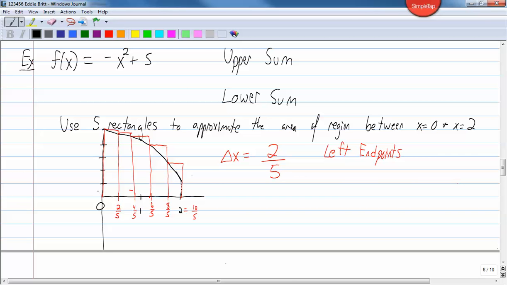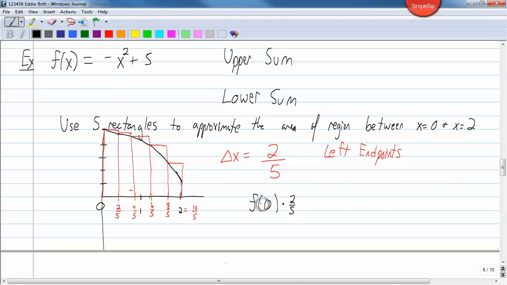So what was the x value for the first rectangle? 0. So we're going to say f of 0. That's the height. What's the width? 2/5. So we're going to say f of 0 times 2/5.